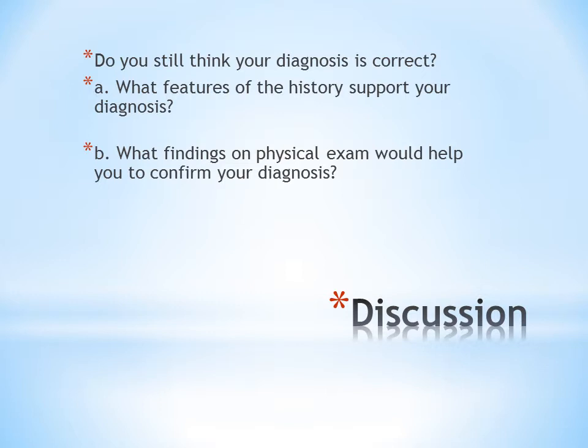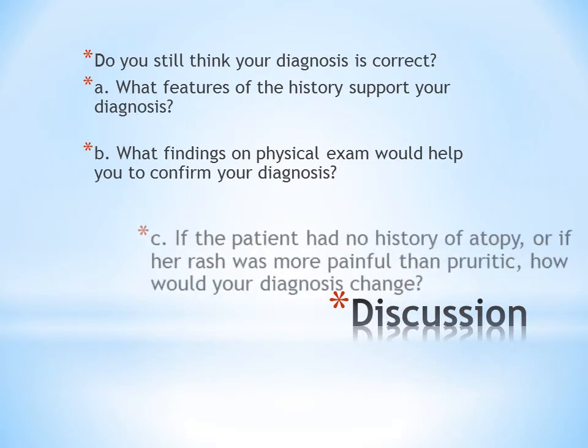Now that we've talked about a few rashes that can present in a similar manner, there are distinguishing features between them that can help you decide what is the most likely diagnosis.